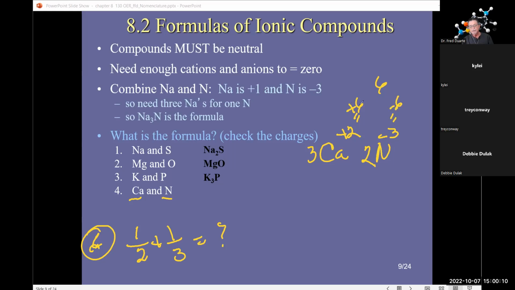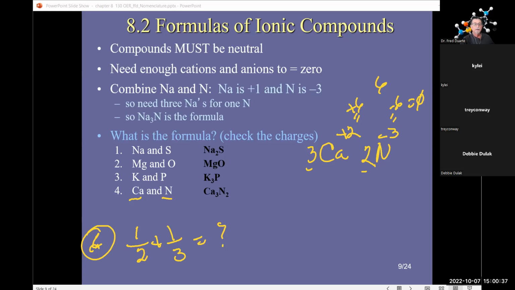So -6 plus +6 gives me a net 0. Therefore, the numbers I just wrote here become the subscripts for those ions. So the formula becomes Ca subscript 3 and N subscript 2. It's still called calcium nitride.